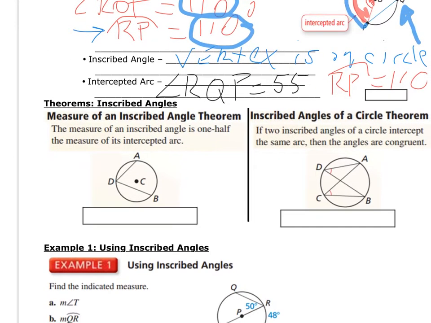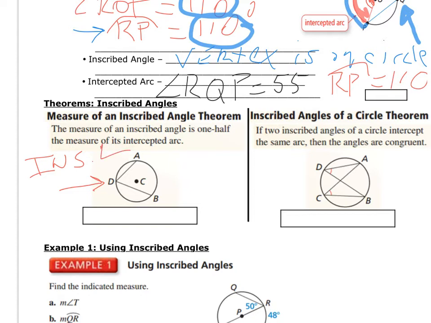And that's what this next theorem is. It's the measure of an inscribed angle theorem. It reads that the measure of an inscribed angle is 1/2 the measure of the intercepted arc. So just to quickly review, here we have an inscribed angle. Right here where D is, that is the inscribed angle. I'm just going to put INS for inscribed, and then the angle symbol.